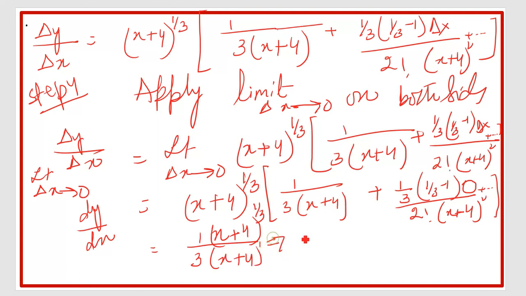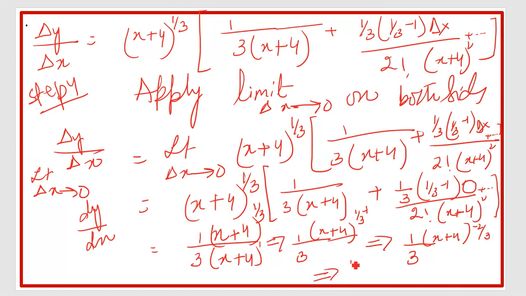So this implies that if I take this 1 over 3, and this power in the numerator, it will be minus 1, which implies that it will be equal to 1 over 3 x plus 4 to the minus 2 over 3, when you solve this fraction.